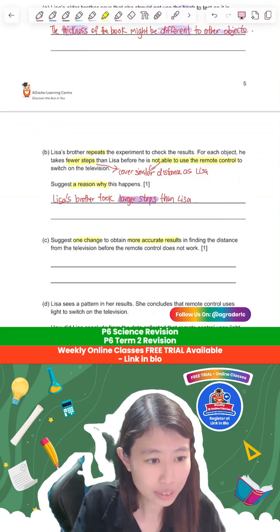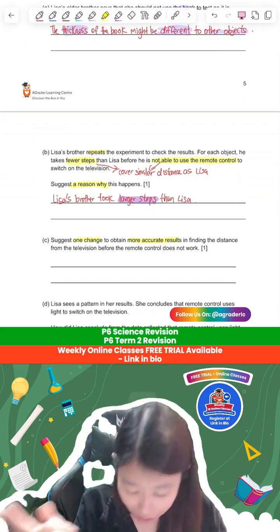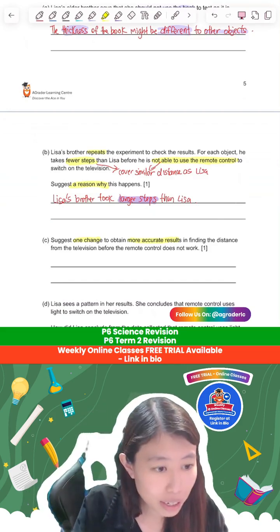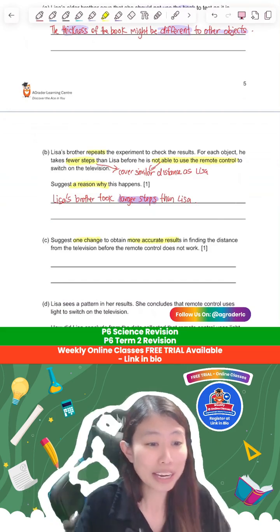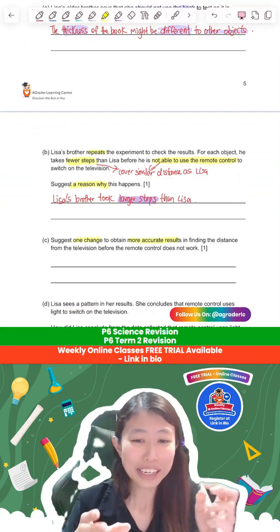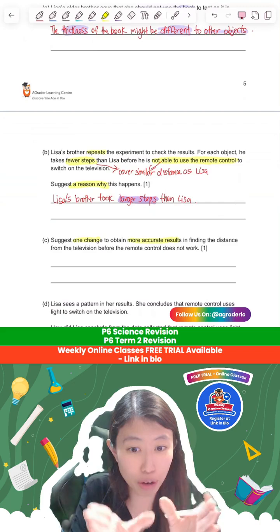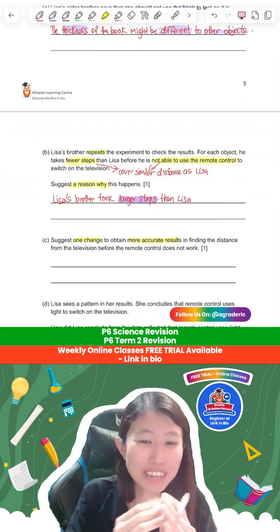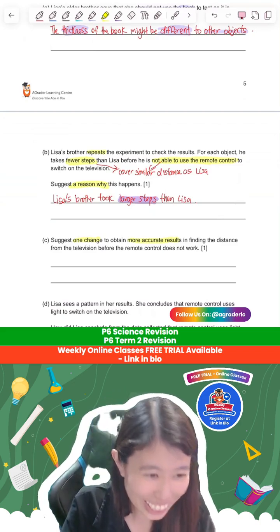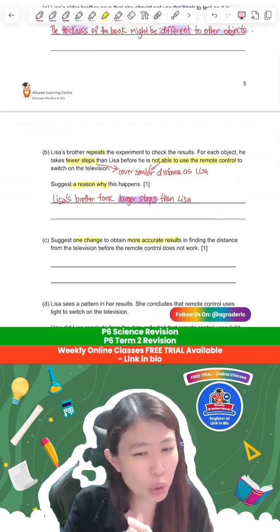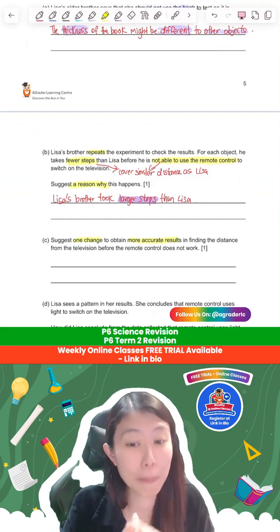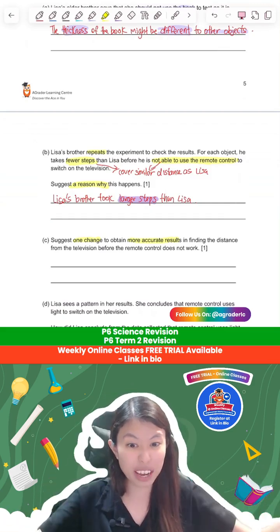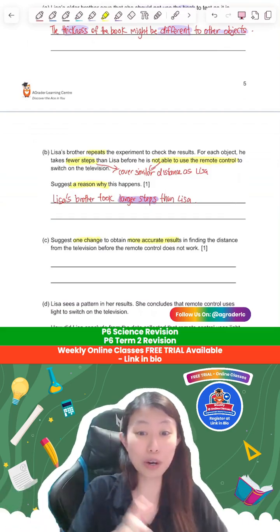Use a measuring tape, Stella. Good idea. Does anyone else? Make the steps the same size. A bit hard lah. Unless her brother has the exact same size of feet, same foot size as Lisa. Then might be possible also. Oh, use a ruler. Okay, ruler can, but not the best answer because usually the distance is quite far. If you use a ruler, then you use like multiple rulers.